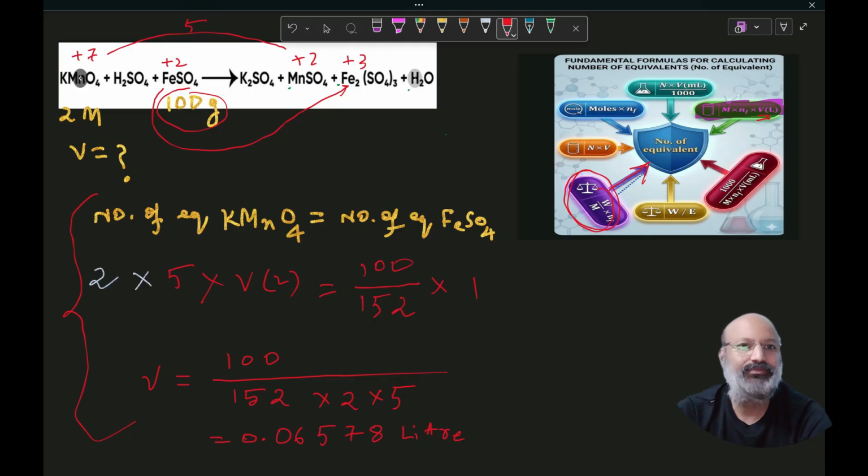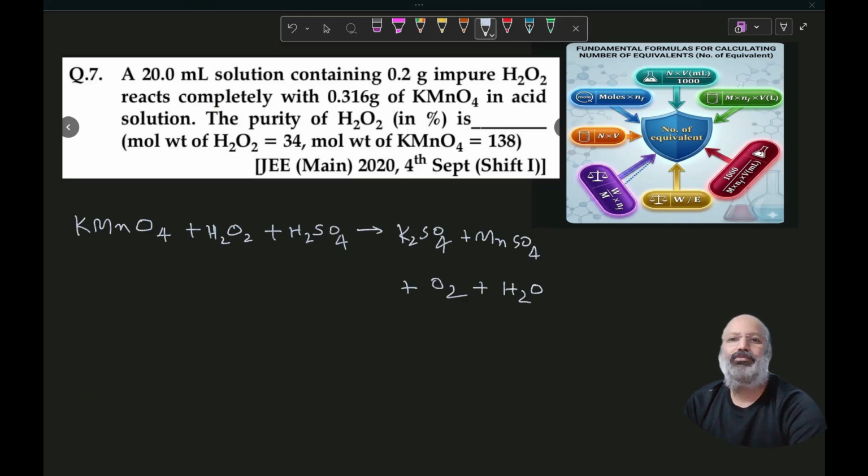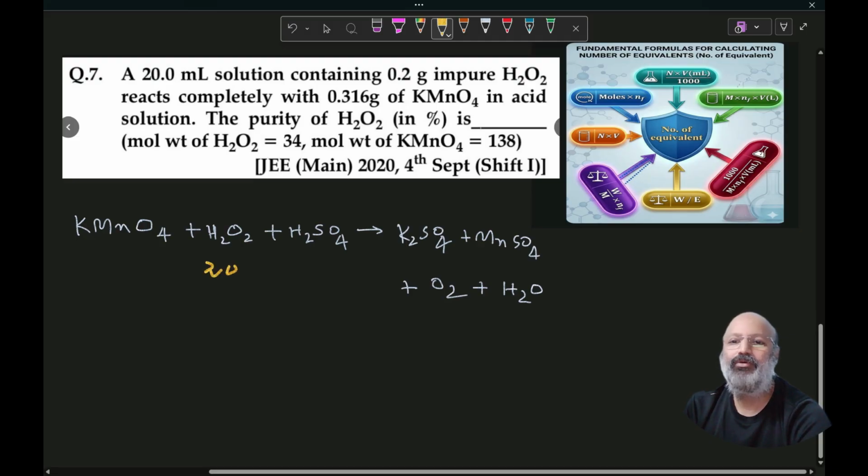Let's take another example. Here is the equation. Of course, I haven't balanced it. Now, let's try to write down all the data given in the question. So, it is given 20 ml solution containing 0.2 gram impure H2O2. So, it is 20 ml.